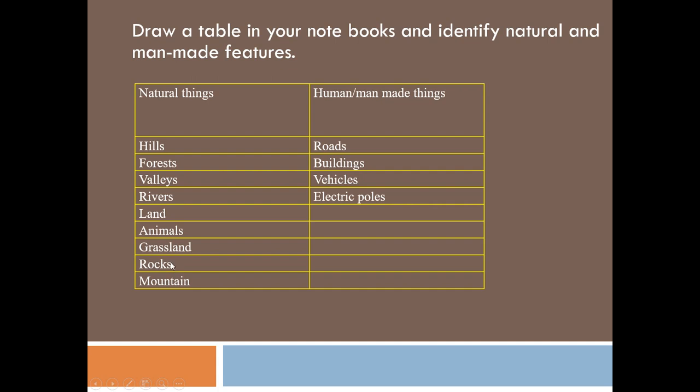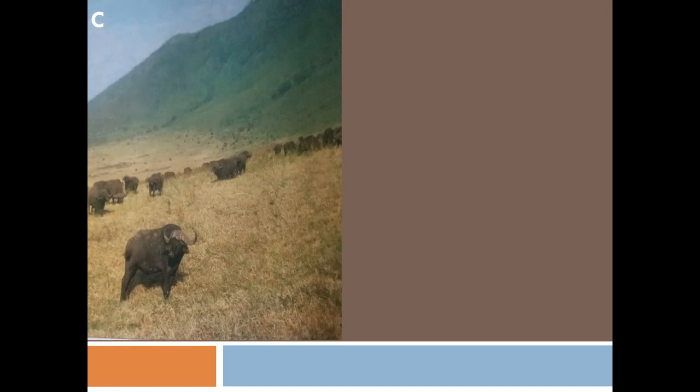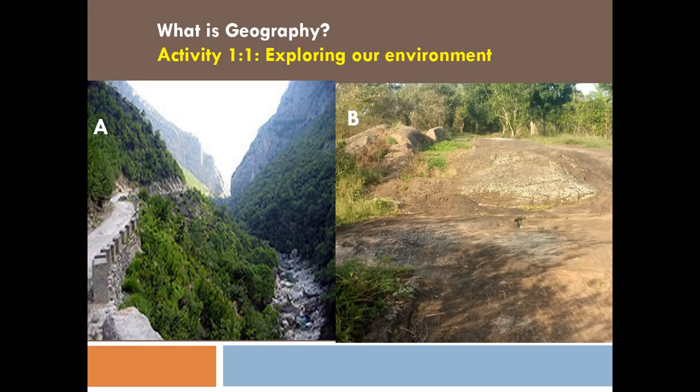We have rocks, and these rocks are mainly in photograph C, photograph B. These are exposed rocks. They could be familiar in your environment. An exposed rock, and then even in photograph A, we have exposed rocks.